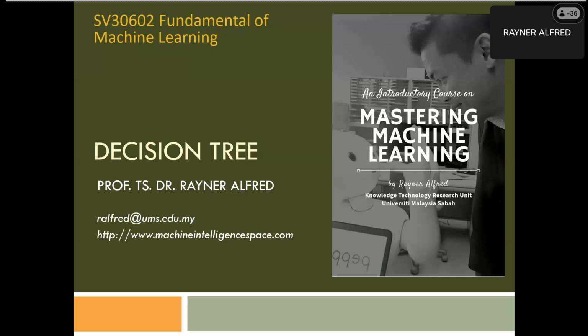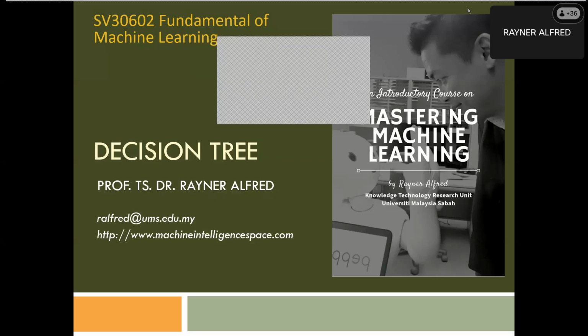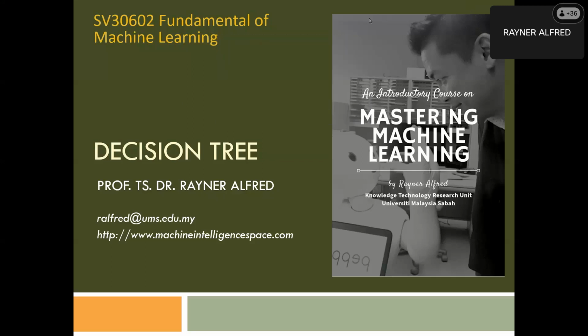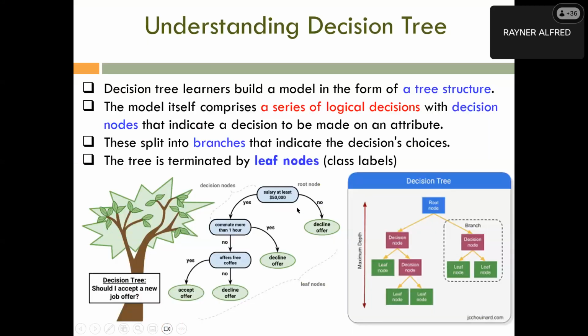Okay. People like to use decision tree if they want some explanation why some samples are considered positive or negative, because in decision tree, they can look at the form of the tree. So what does the decision tree look like?